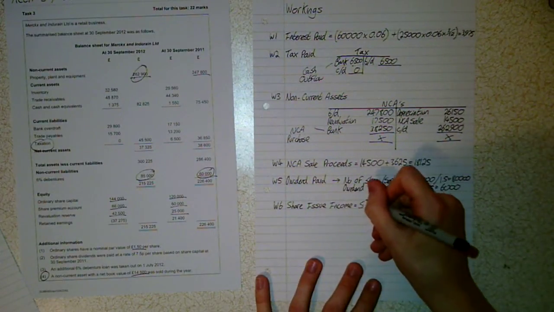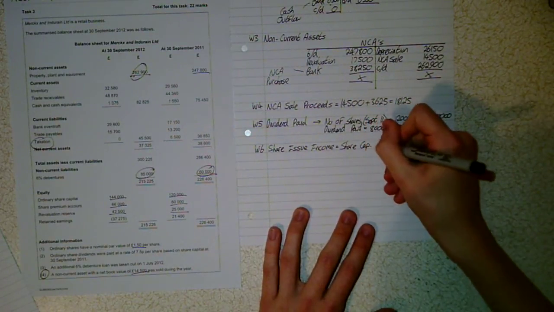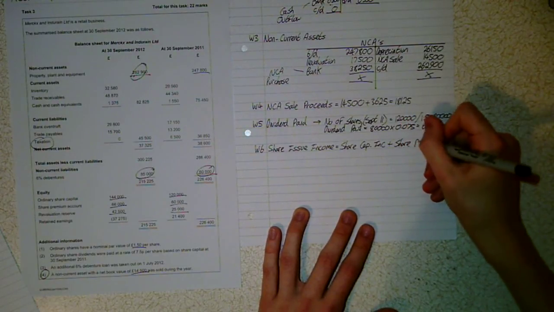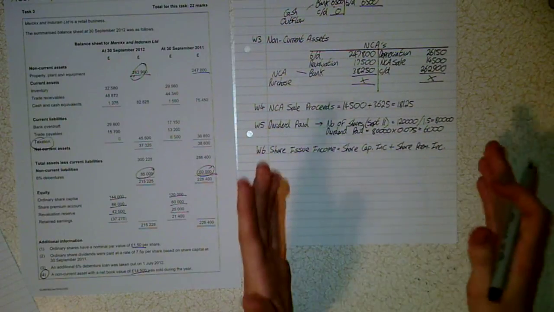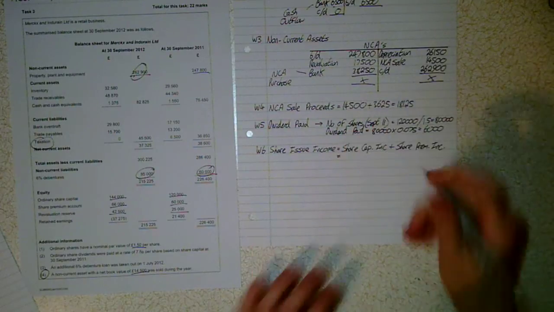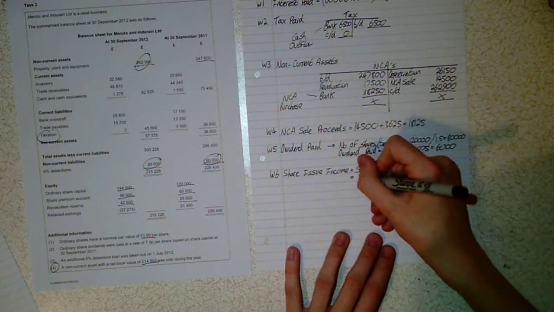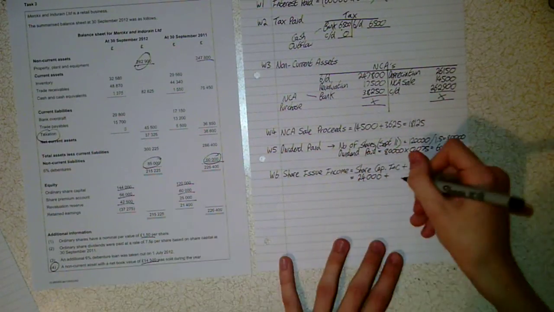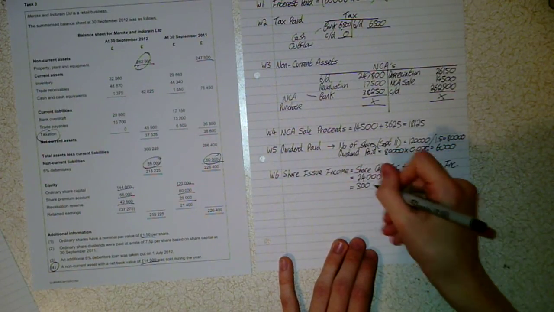So the total income for this share issue is the share capital increase plus the share premium increase. Adding up them two increases will give you the amount that we've received from shares. So the ordinary share capital's increased by 24,000, and the share premium increased by 6,000. So that's 30,000 in total.